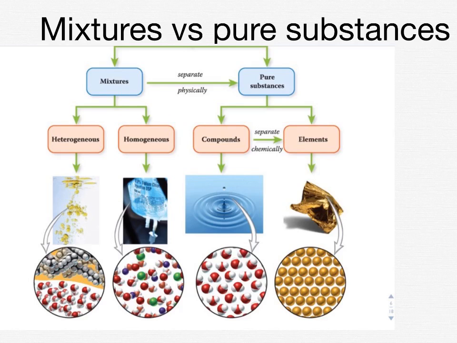The next circle over contains, as you can see, substances that have two white and one red ball stuck together. There's a whole bunch of those units, which we call molecules. If you look at the picture above, you can see that that's meant to depict water.